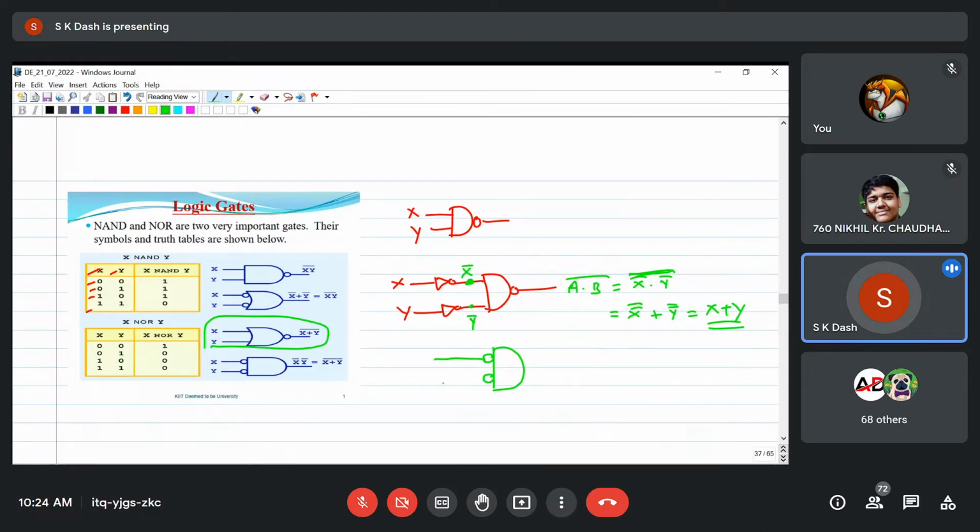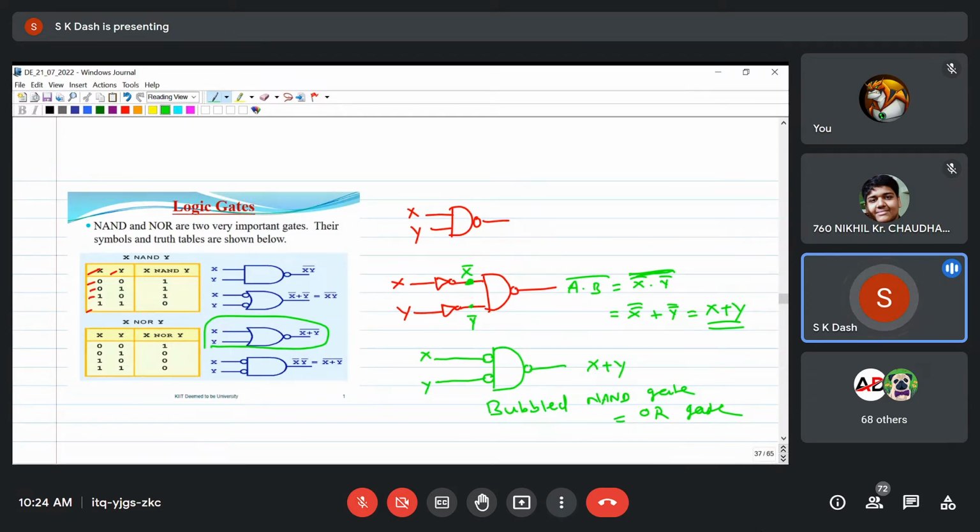A bubble signifies a NOT gate. So this is called a bubbled NAND gate. A bubbled NAND gate is the same as an OR gate.